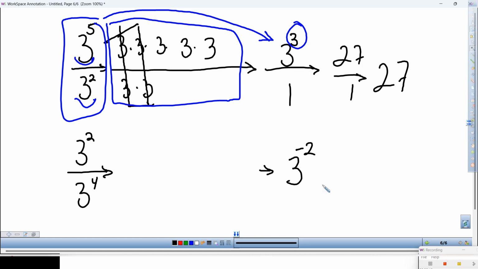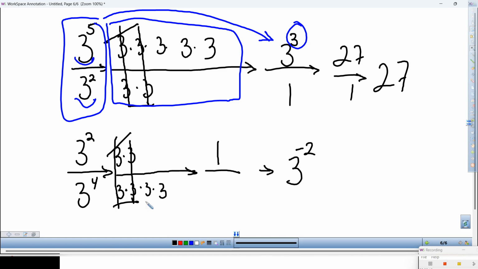However, look up to the screen. What if I did show the work? 3 times 3 over 3 times 3 times 3 times 3. What is 3 over 3? It makes a giant 1. So on the numerator, 1 times 1 is 1.